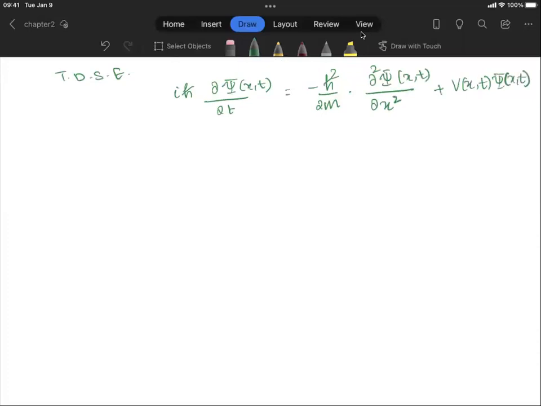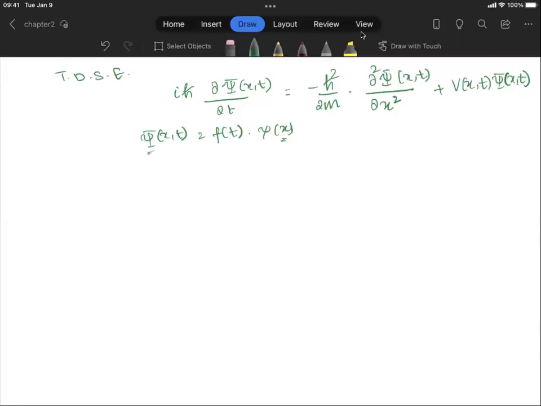So this is the time-dependent Schrodinger equation. Now let's assume that the wave function can be written as a product of a function of time and a function of space, or the x coordinate, because we're dealing with one dimension here.